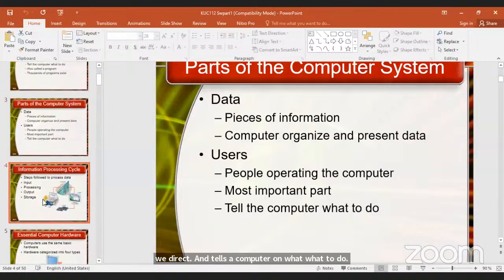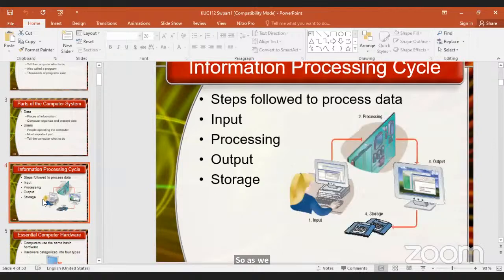So as we mentioned earlier, we have steps that are followed when information is being processed. We have hardware, software, data, and also users. First of all, we enter data into the computer through the input devices.